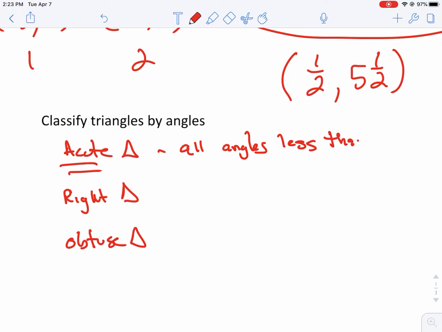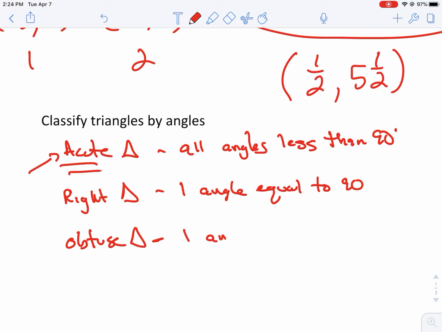An acute triangle has all angles less than 90 degrees. Acute means less than 90. A right triangle has one angle equal to 90.